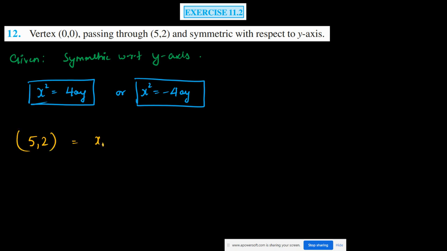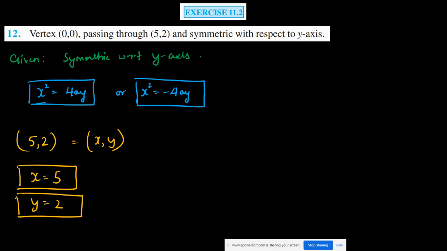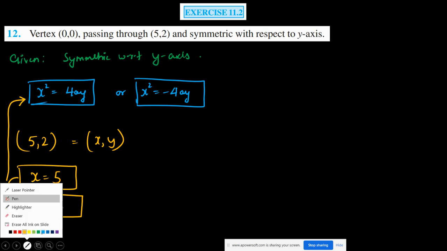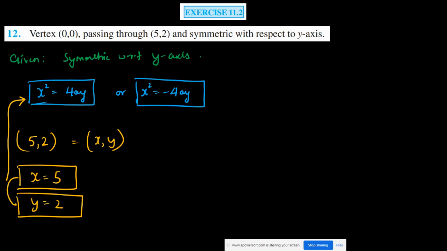This can be taken as x comma y. Value of x is going to be 5. Value of y is going to be 2. Substitute the value of x and y in the equation of parabola. Find the value of a. Then again substitute the value of a back in the equation of parabola.